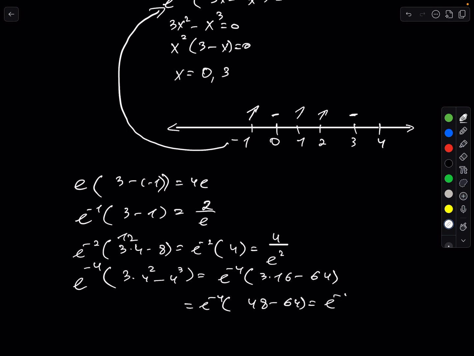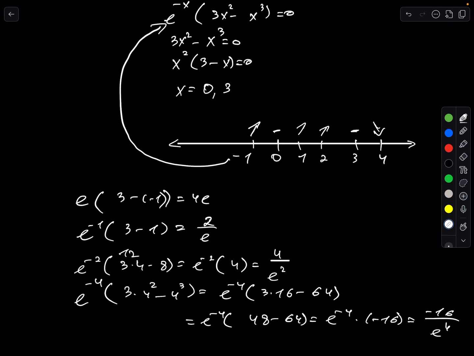Then we have the eventual value of minus 16 over e to the fourth power. So at x equals 4 the derivative is negative, which means that the function is decreasing. So the only point on this whole spectrum where the function is at its maximum is 3.